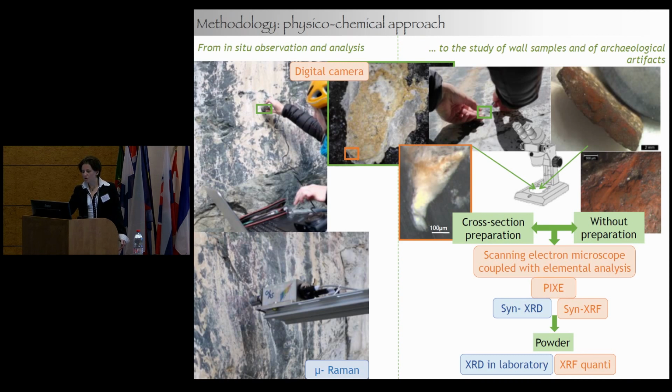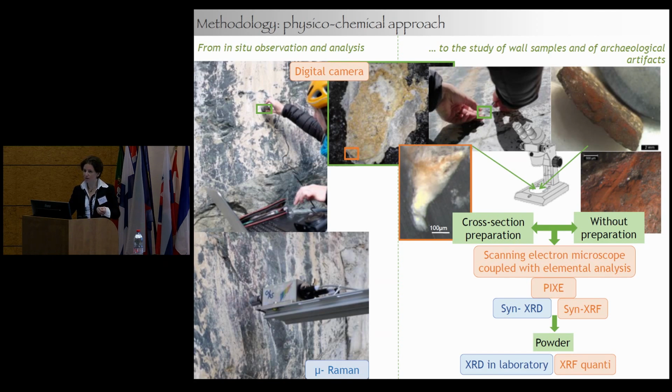But we also need access to more detailed information inside the pigment, and to be able to understand the stratigraphy, due to the complex stratigraphy, the crust and the byproduct mineralization.